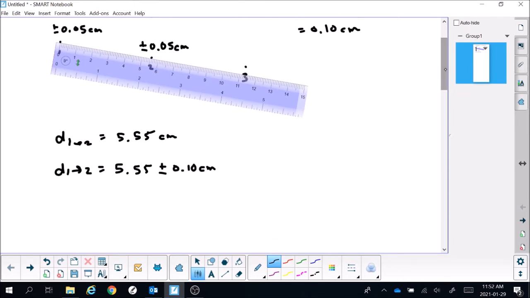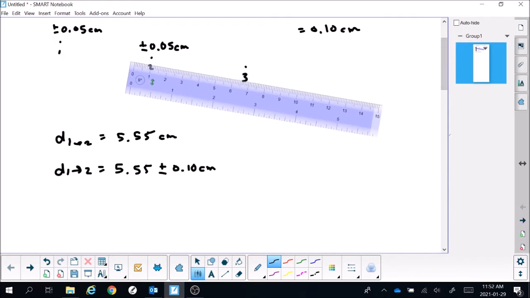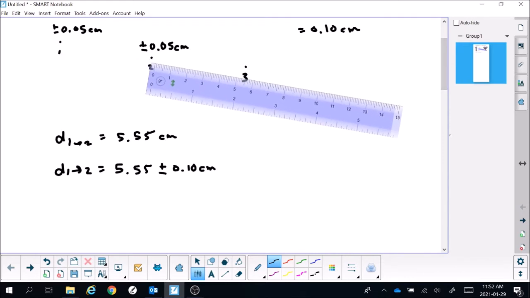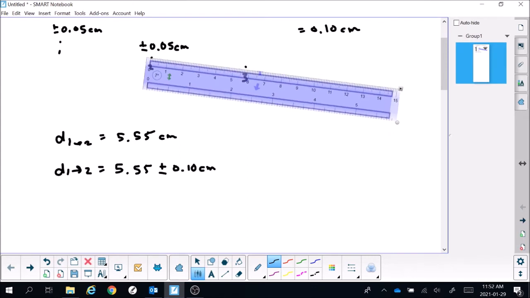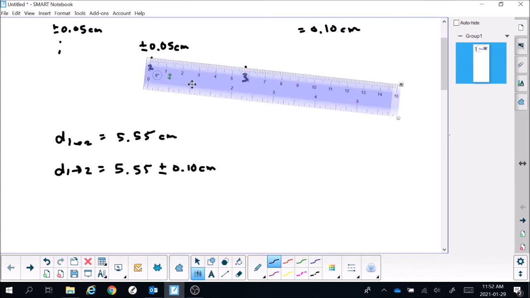Let's now make a measurement from point 2 to point 3. I've aligned that to the best of my ability, and I find out that the distance from 2 to 3 looks like it is 5 point... This one's kind of tricky.